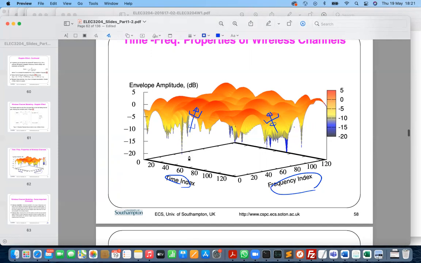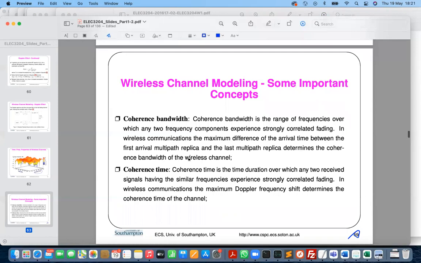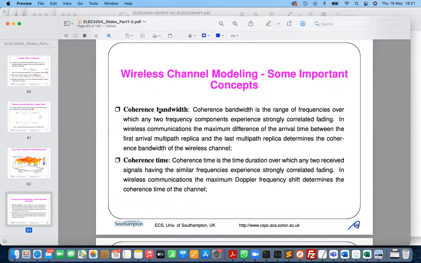Otherwise, you'll get time selectivity. The coherent bandwidth is determined by the time difference between multipaths, and coherent time is determined by Doppler shift. This is a little bit confusing because when we analyze what's happening in the time domain, we use measurements in the frequency domain, and when we analyze what's happening in the frequency domain, we use measurements in the time domain.